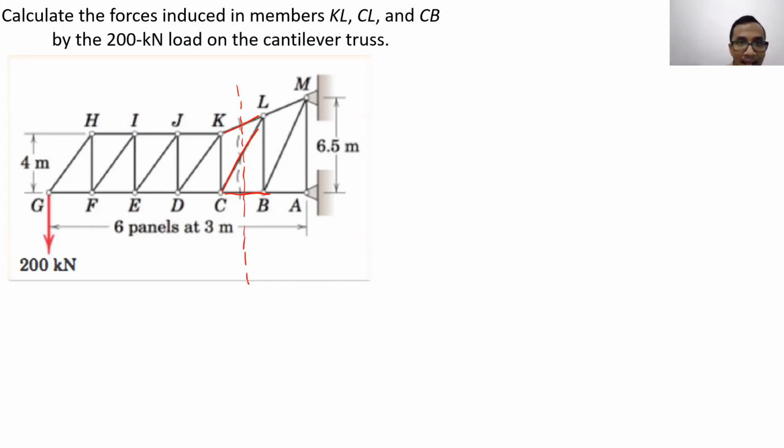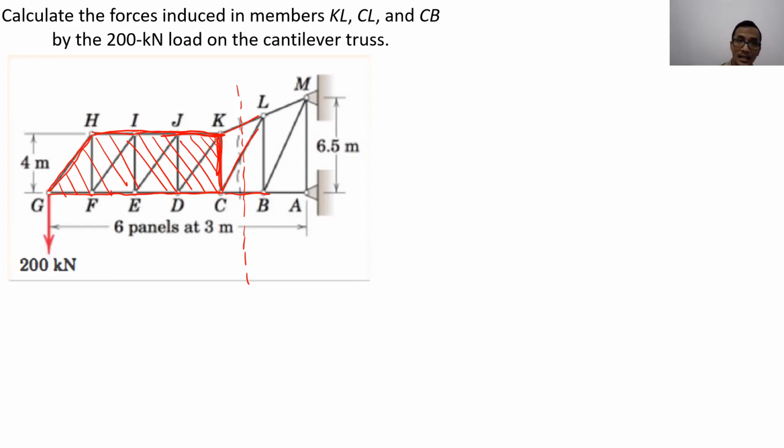When we cut at KL, CL, and CB, this particular part, CGHK, that particular part will stay rigid. So we will have this part stay rigid.